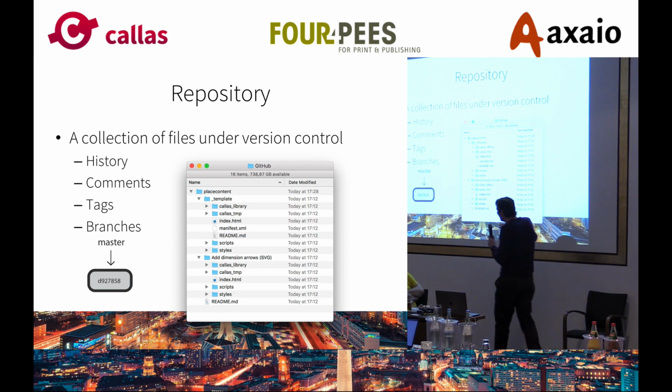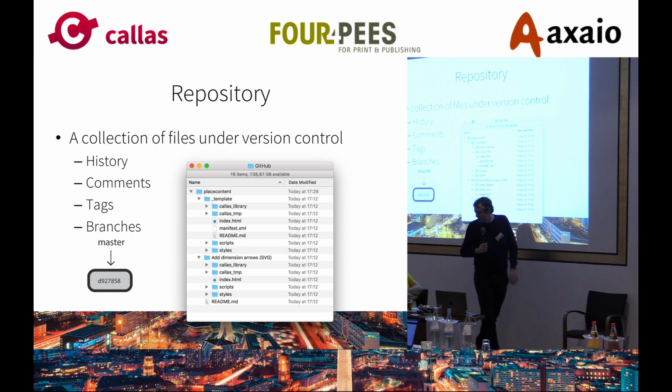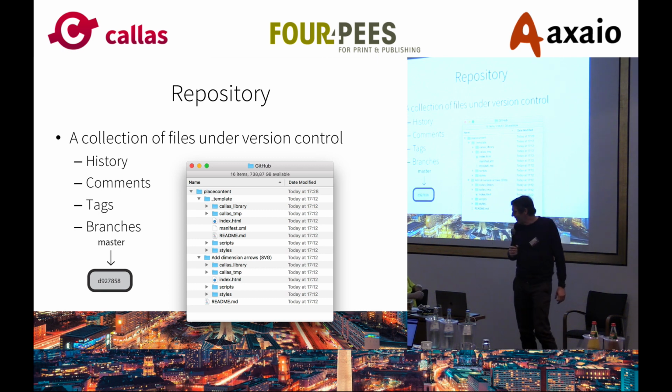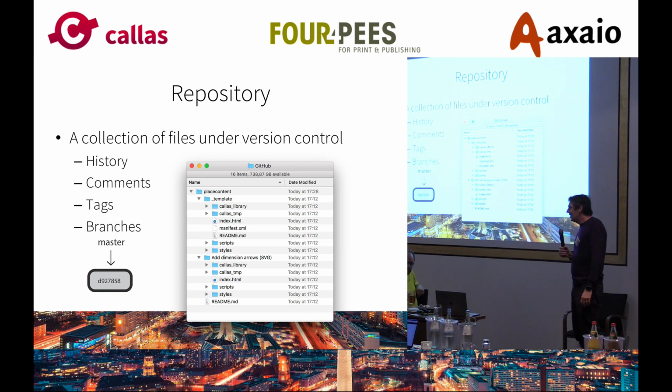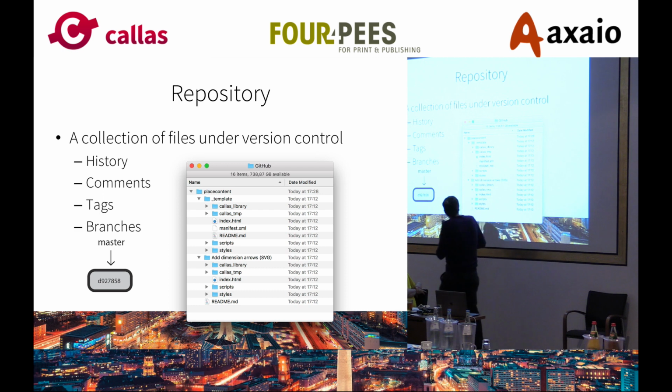So if I have in my presentation these little rectangles with rounded corners and with this funny hash value inside, this is actually a snapshot of a repository at a certain point of time. So that's a state of all of these files in a certain point of history.